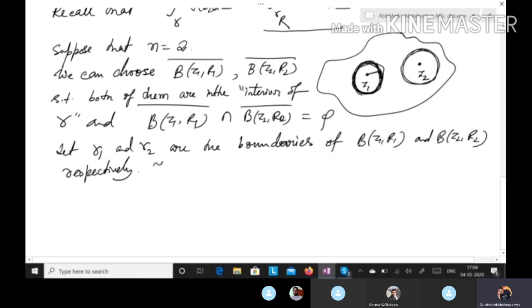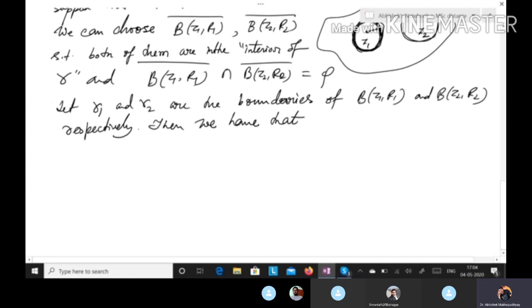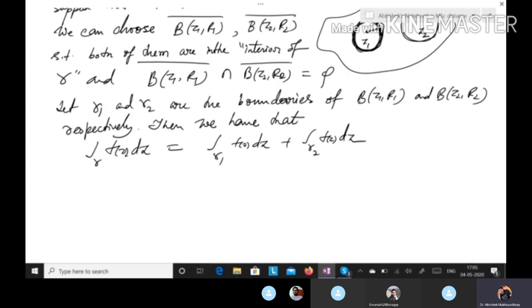And then we have that the integration over gamma of f(z) dz must be equal to the integration over gamma 1 of f(z) dz plus the integration over gamma 2 of f(z) dz, since gamma will be homotopic to their union.